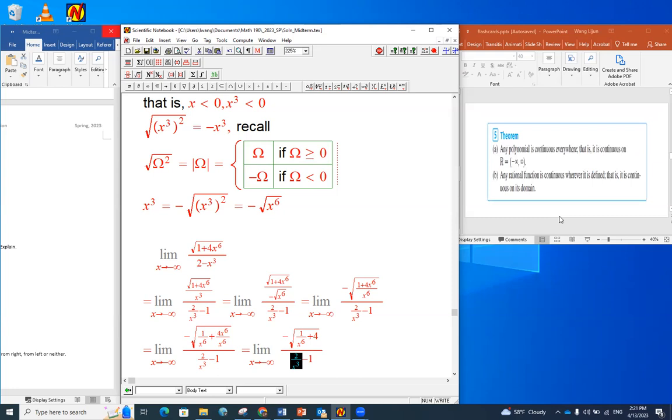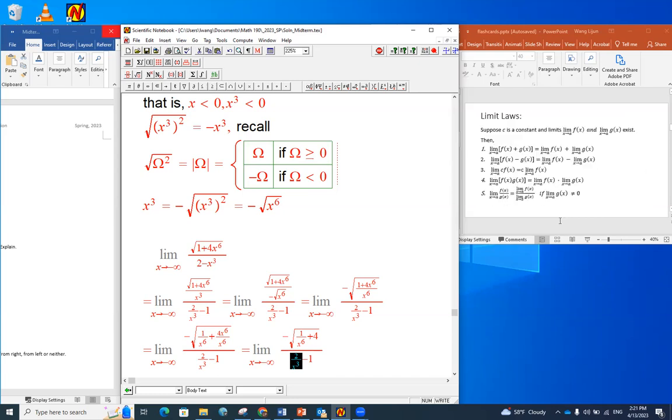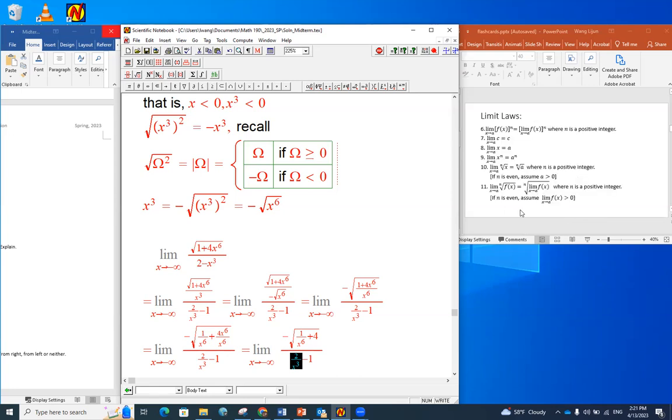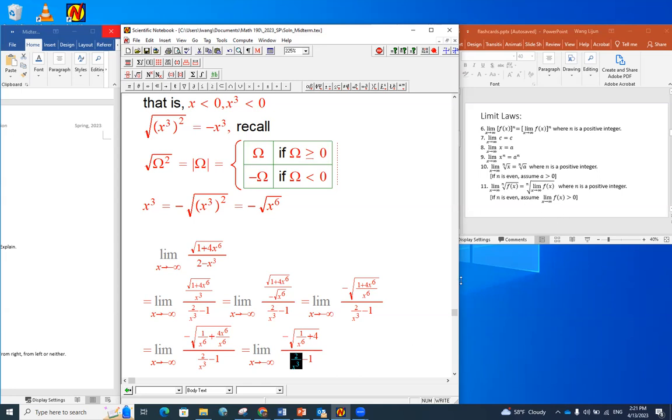So now we're applying the properties of limits. Okay. I think I have organized these. Yeah, the limit right here. Individual limits, when x approaching infinity, that's your limit laws.